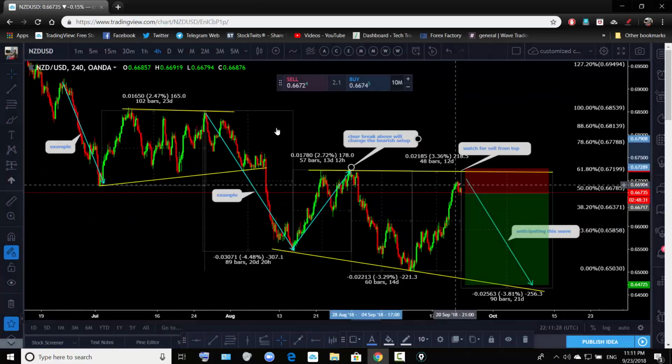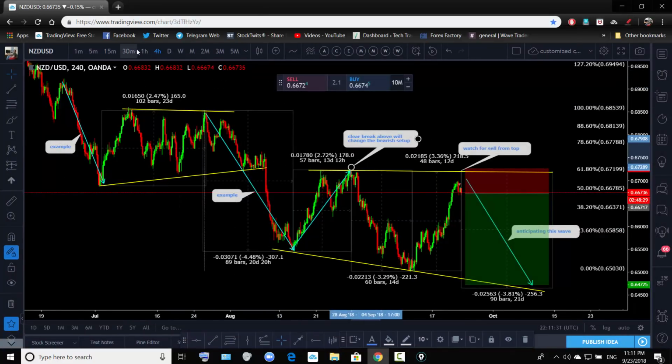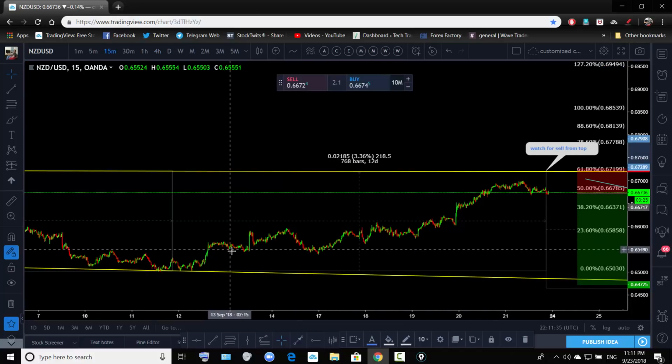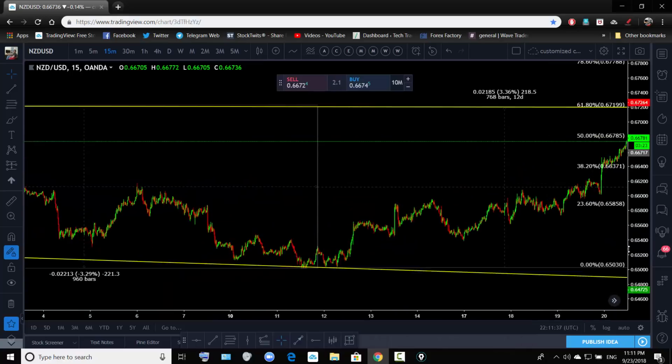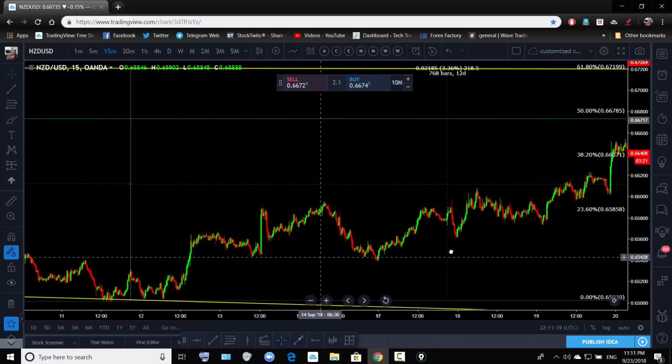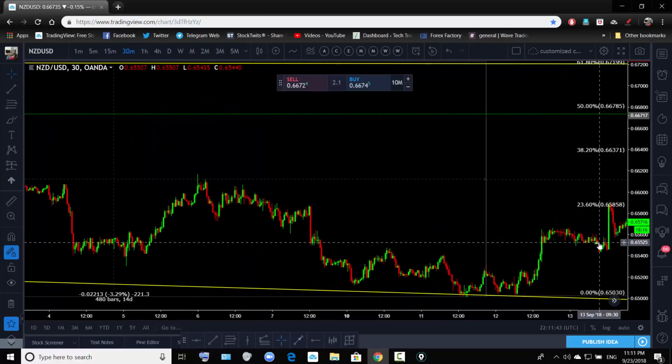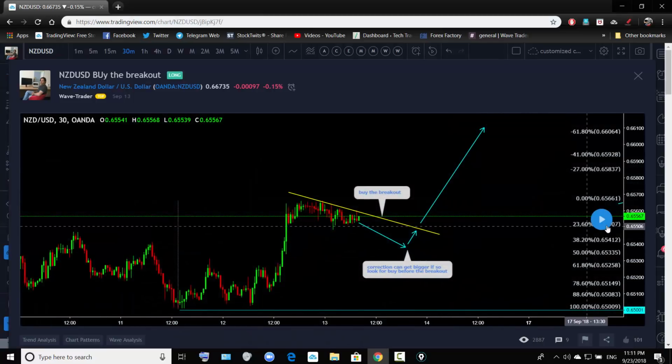Let me look at the chart for the previous trade, the short-term trade which we were looking for from that bottom. I think that was on the 30-minute time frame. That was the trade. Now that trade played pretty well.